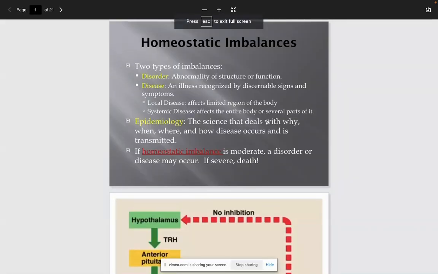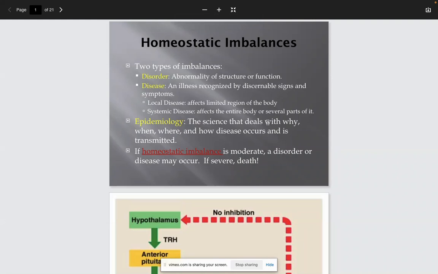What is an imbalance? Previously, we talked about homeostasis and how things were in perfect balance, right? You had the sameness across the board. We describe this in terms of temperature. The body likes to have the temperature at around 98.6 degrees Fahrenheit.